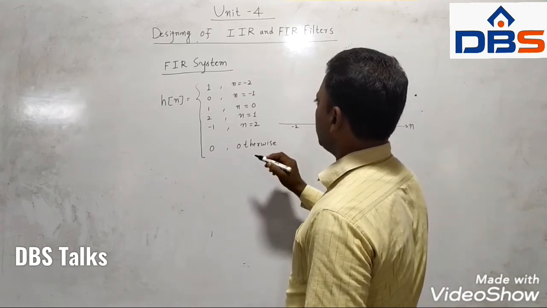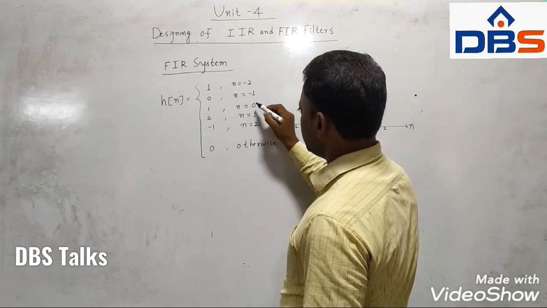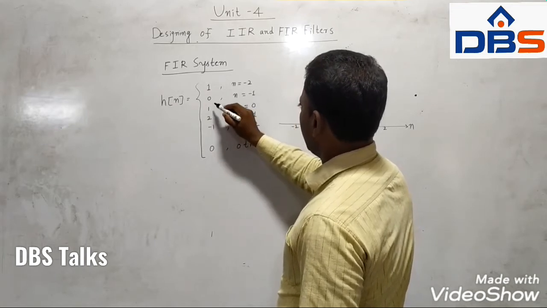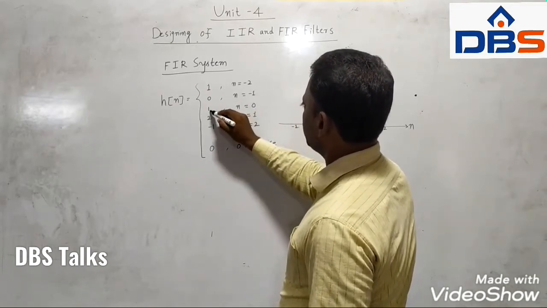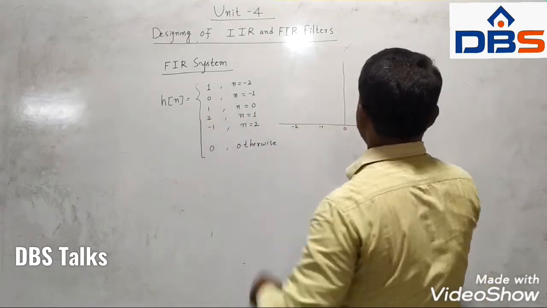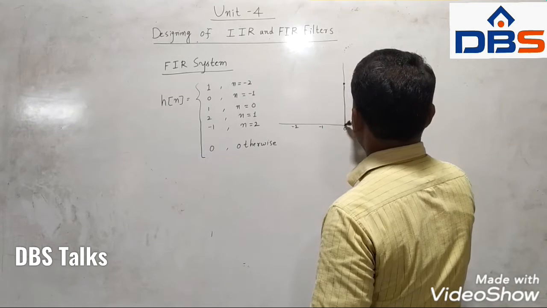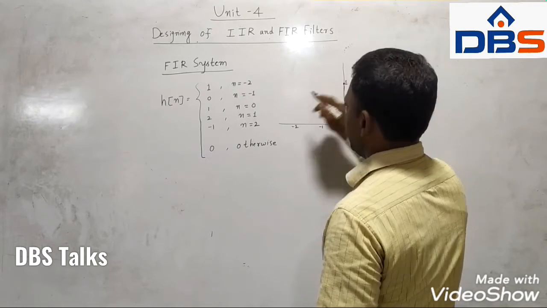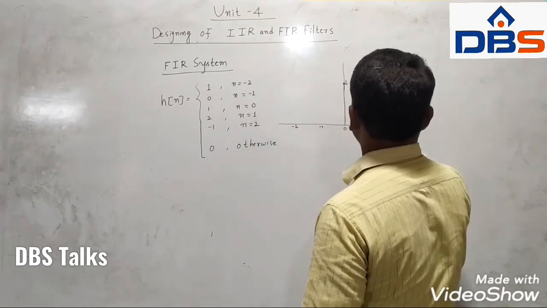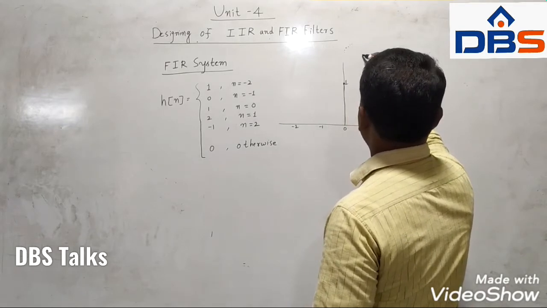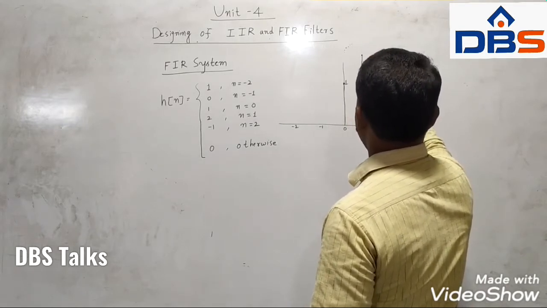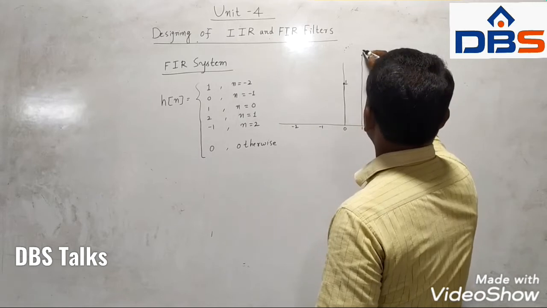At n is equal to 0, what is the amplitude? Signal amplitude is 1. At n is equal to 1, it is 2.